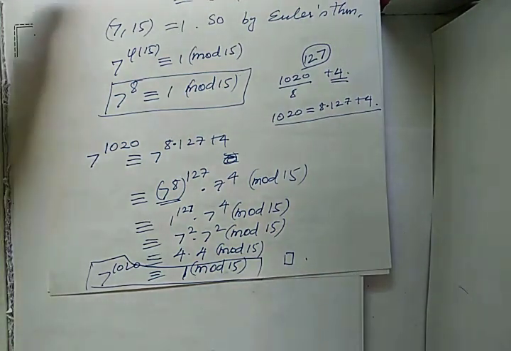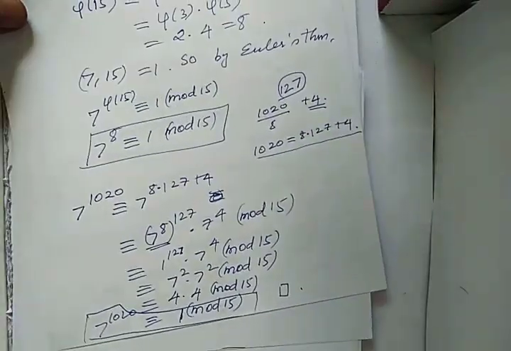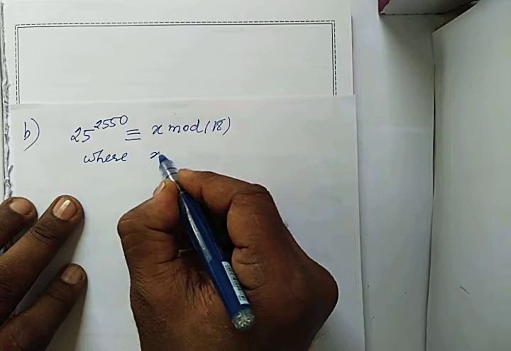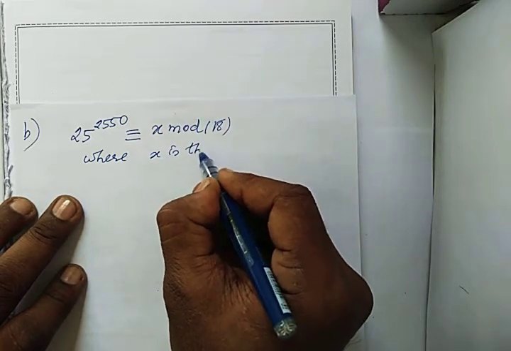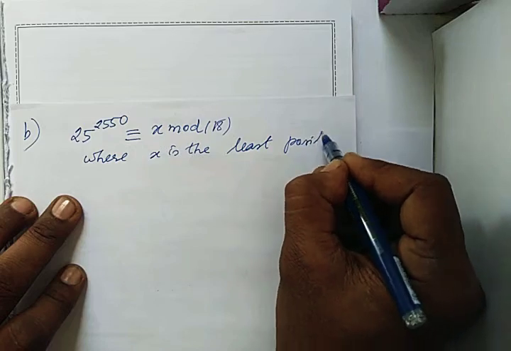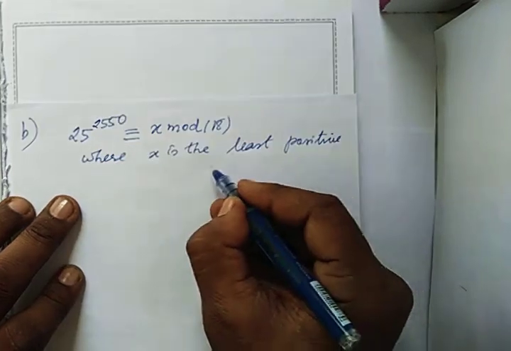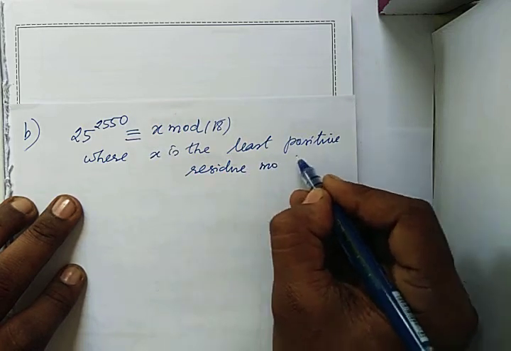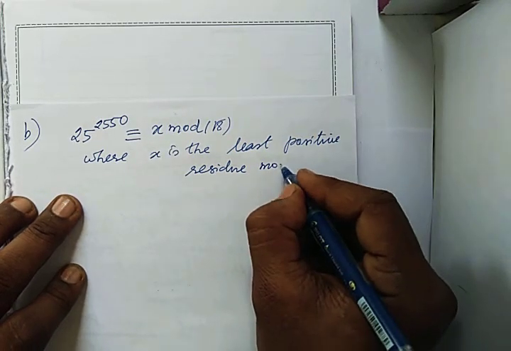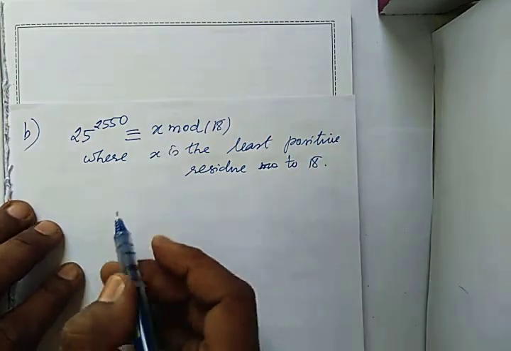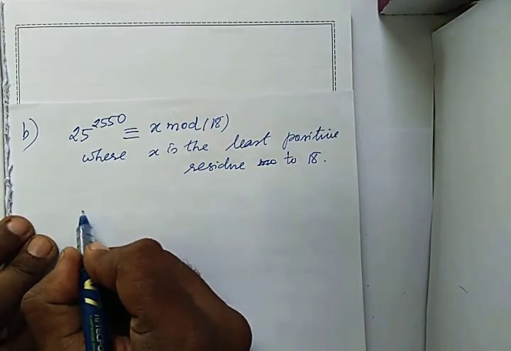Now let us solve the second problem. We need to find x, where x is the least positive residue to 18. Now again find phi of 18.